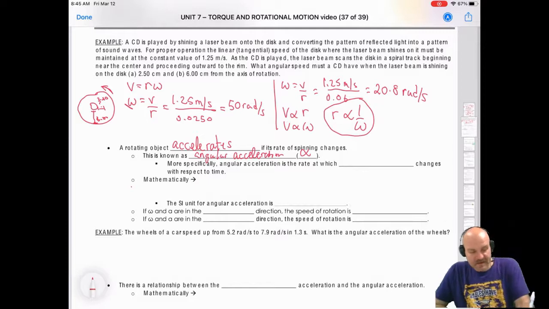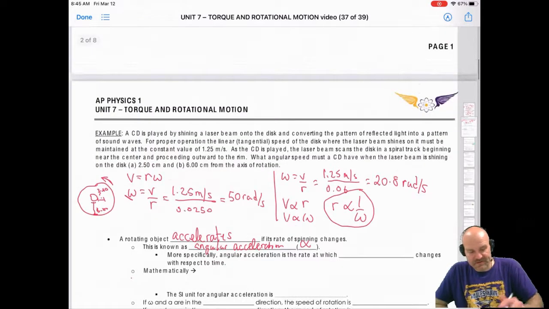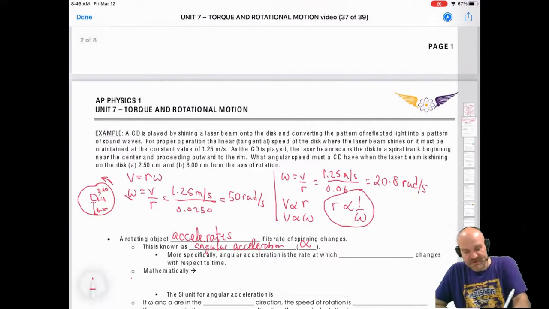If you look at how we relate these, each linear quantity is given a Greek symbol: distance is theta, velocity is omega, and acceleration is alpha.